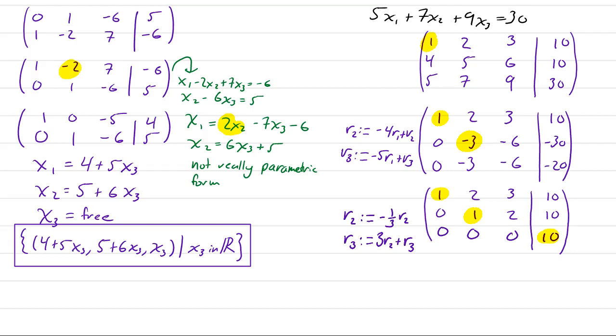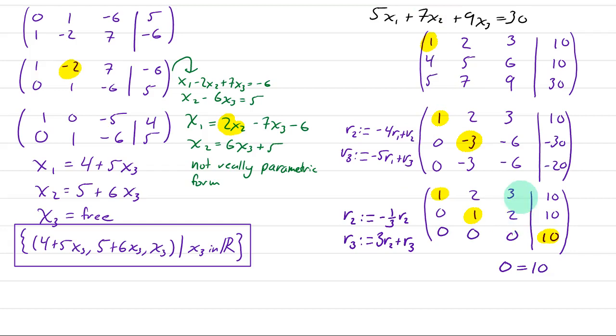So this last equation actually says 0 equals 10, which is automatically false, which means because of that, the whole system really has no solution. There's no value of x, y, and z, or x1, x2, x3, whatever they're called, that will make this whole thing add up to 10. And that means the rest of these also have no solution.